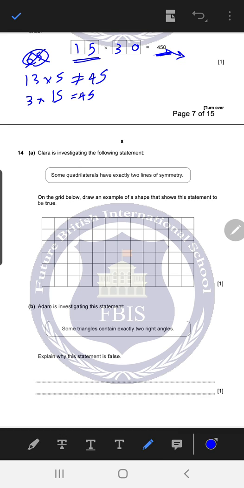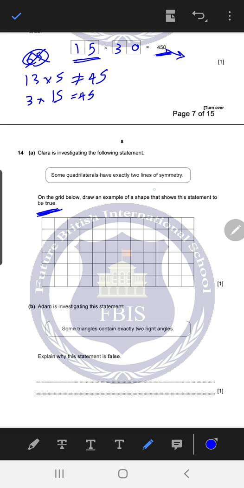Question number 14. Clara is investigating the following statement: some quadrilateral has exactly 2 lines of symmetry. By the way, it's not always true. But she wants us, on the grid below, to draw an example of a shape that shows that this statement is true.